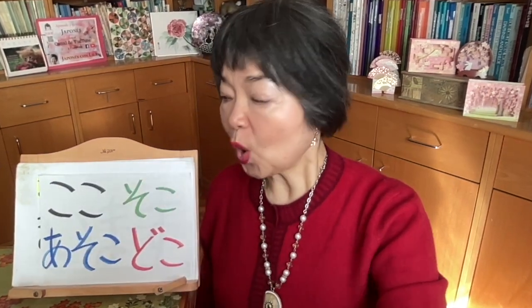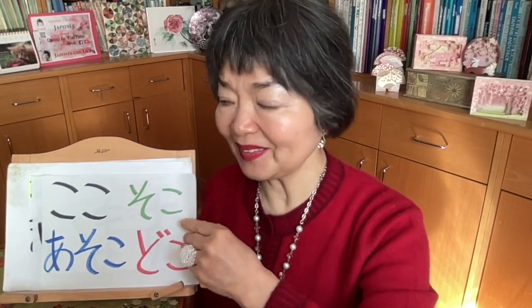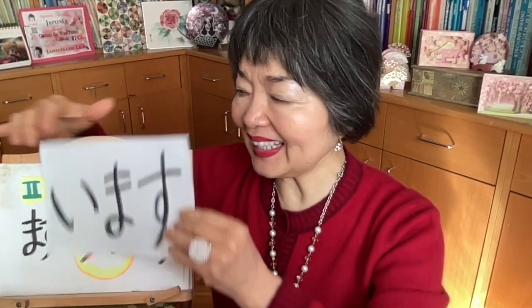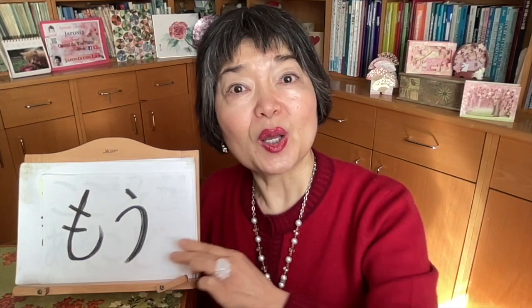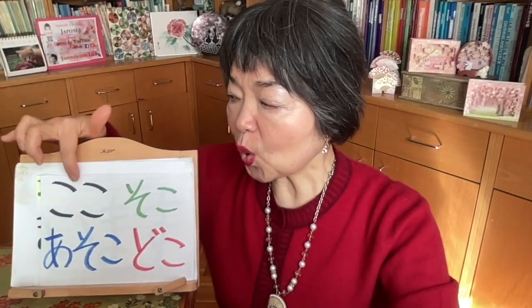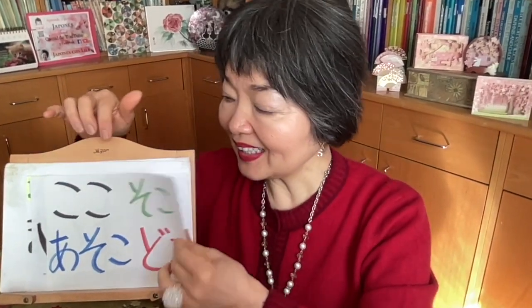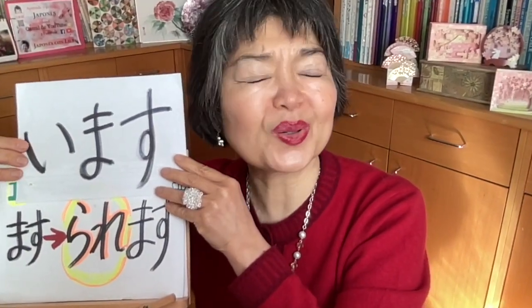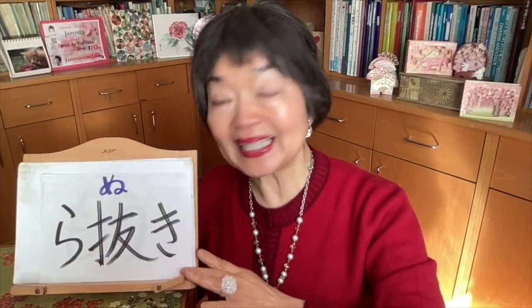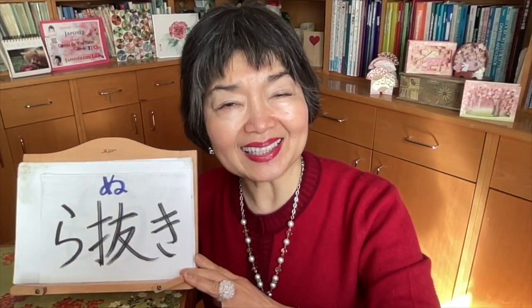I can't stay here anymore. もうここにいられません。The same sentence in the casual way: もうここにいられない。Now again, the same sentence, but with ら抜き, omitting ら: もうここにいれない。And this is not correct in the exam, okay?